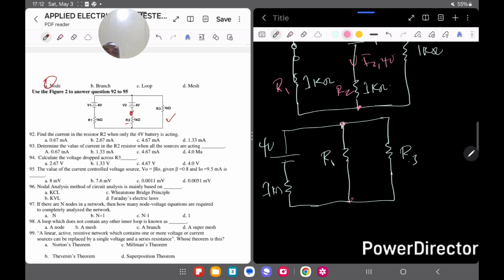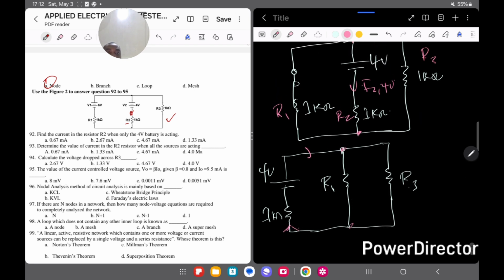The current will start moving like this, and then it will come the whole way this way. Here, the current direction was wrong, it's supposed to be going up here. So we have I2 due to 4 volts. So this is the diagram.